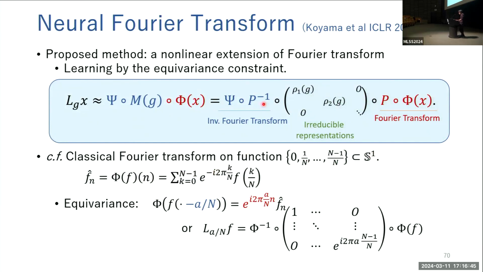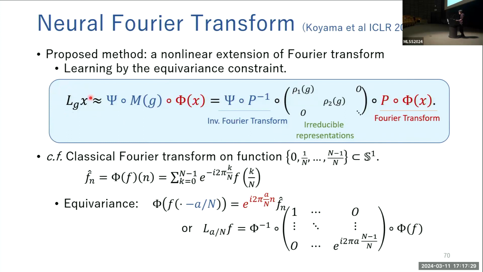Okay, let's look back on what we are doing here with our method. We are making an encoder and also a decoder. And by applying some group element, which may be unknown, we see that after the change of basis by P, we have the irreducible representation matrix here. This can be regarded as a generalization of the classical Fourier transform, especially the shifting formula for the classical Fourier transform.